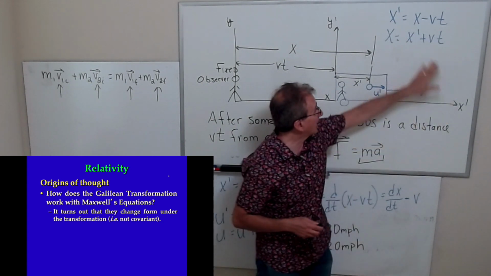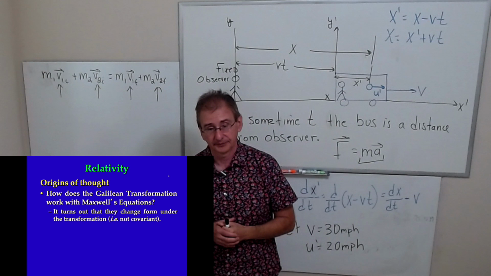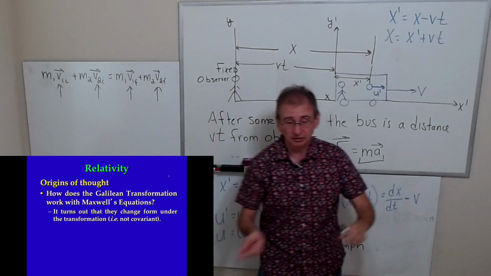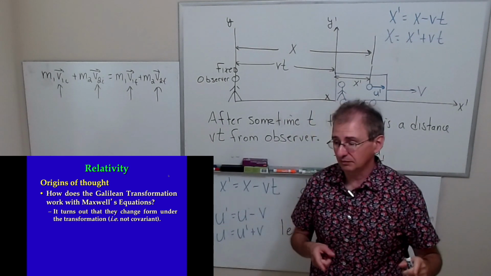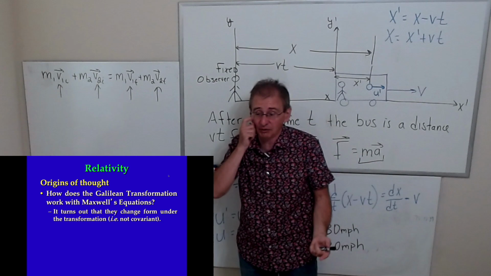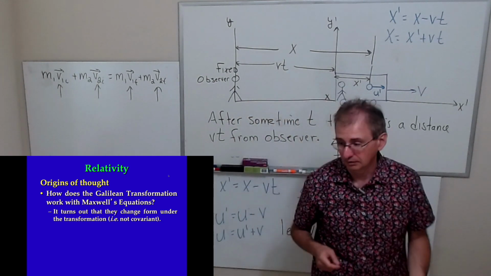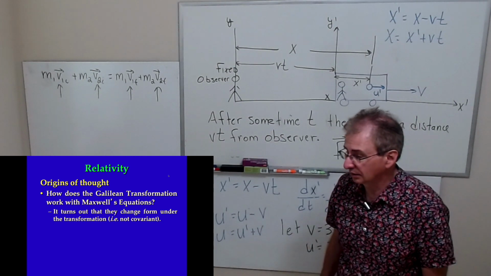If you apply this to conservation of energy, you'll find that the equation has the same form. But if you apply this to the laws of E and M, you will find that they won't have the same form. So to Einstein, that was a problem. Why is it?